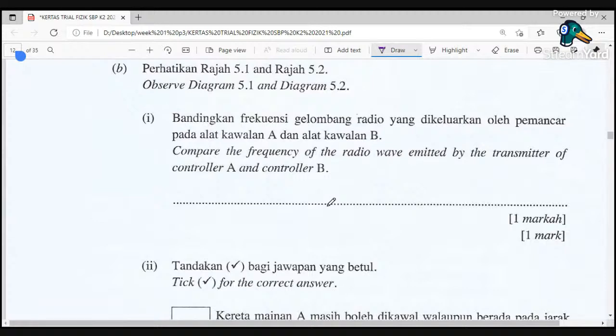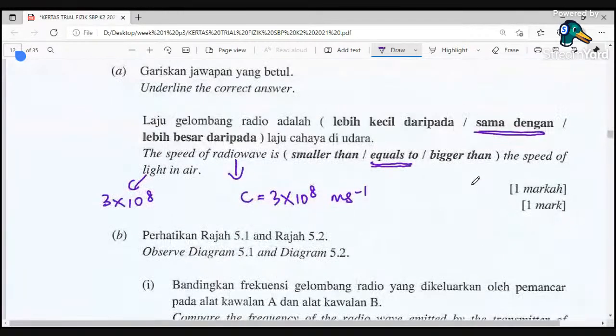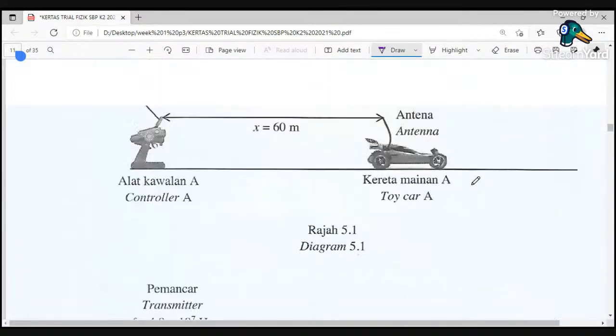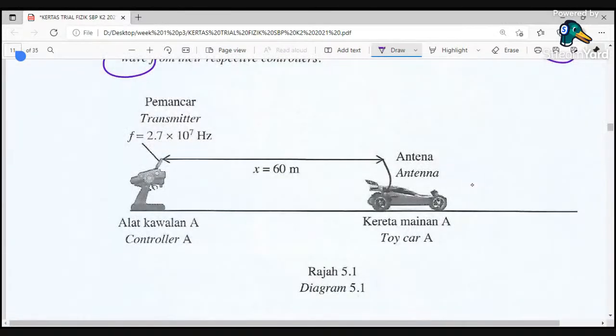Compare frequency of radio wave emitted by transmitter, control A and control B. Okay, look at the value of frequency.